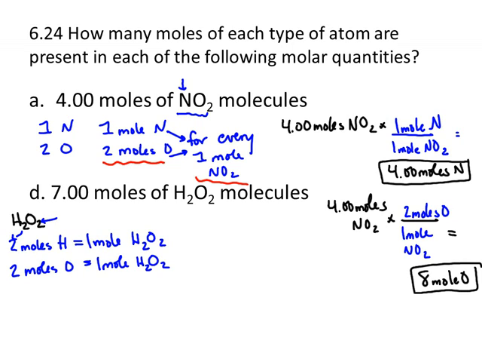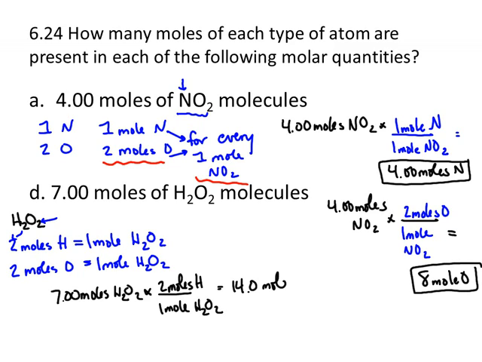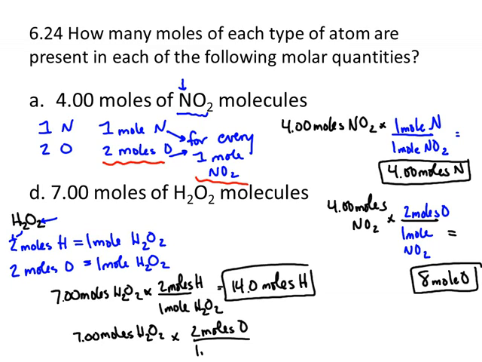So, if I start with 7.00 moles of H2O2, then I should have, for every 1 mole of H2O2, 2 moles of H, which gives me 14.0 moles of H. And since I started with 7.0 moles of H2O2, and I had 2 moles of O for every 1 mole of H2O2, this is coming from this relationship right here.